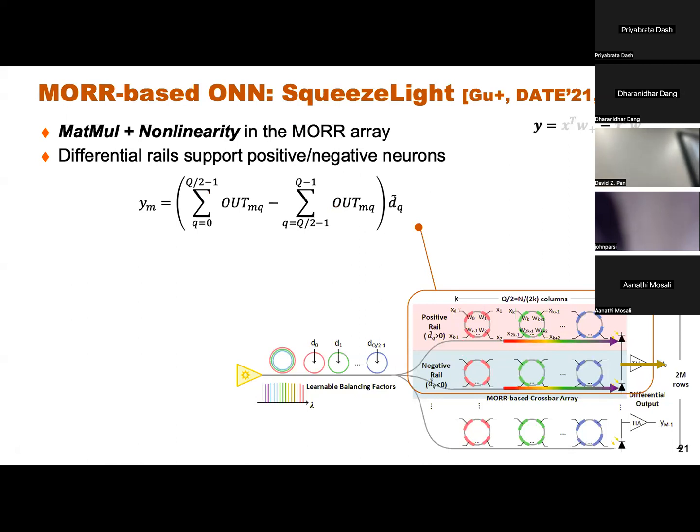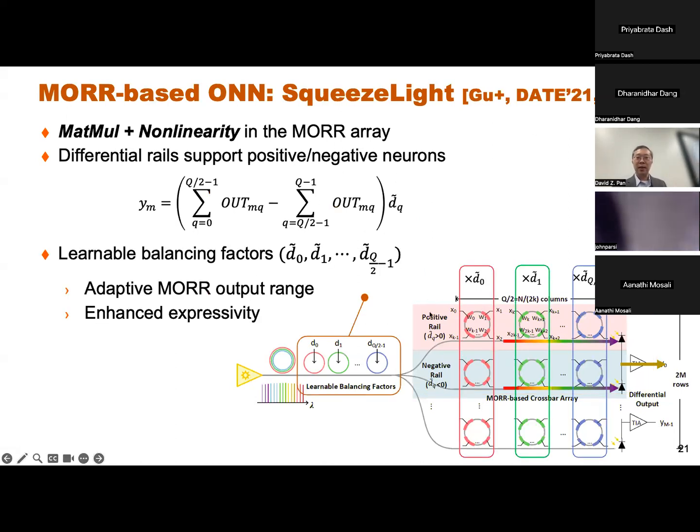So no problem: we have differential rails to support positive and negative neurons, and the learnable parts are those different factors and so on. Again, don't worry about the details.